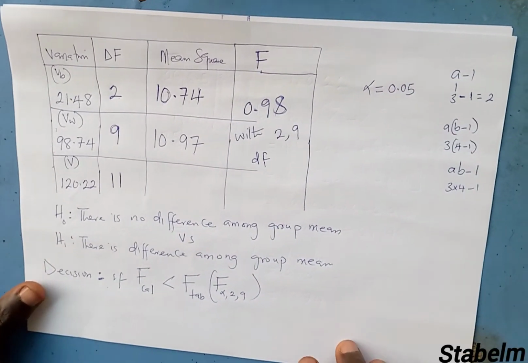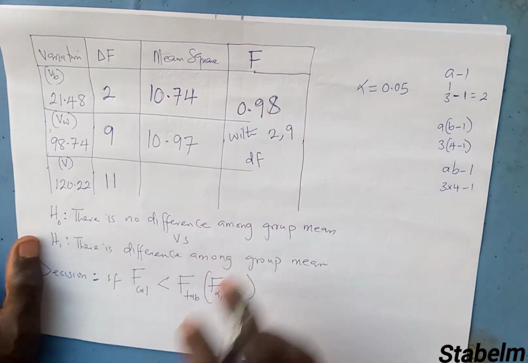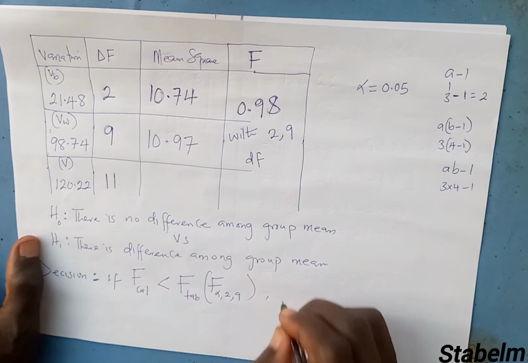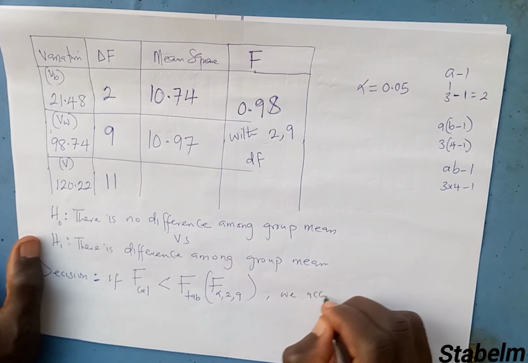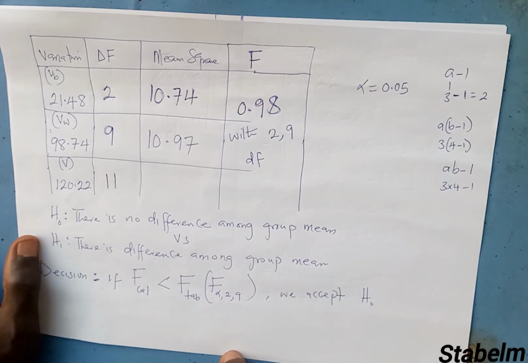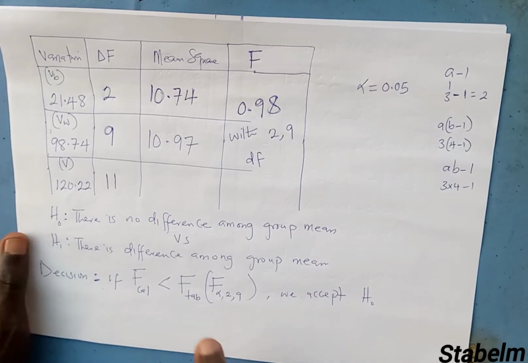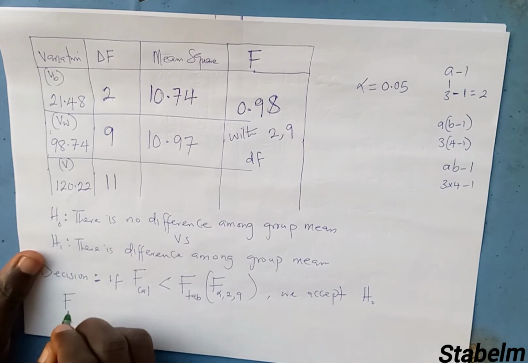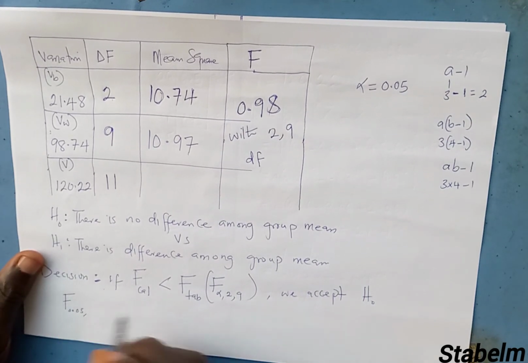So if our F calculated is less than F tabulated, what do we do? We accept H naught, the null hypothesis.